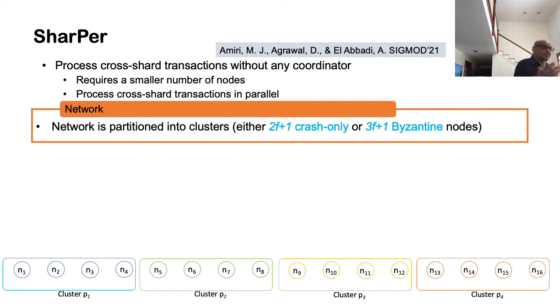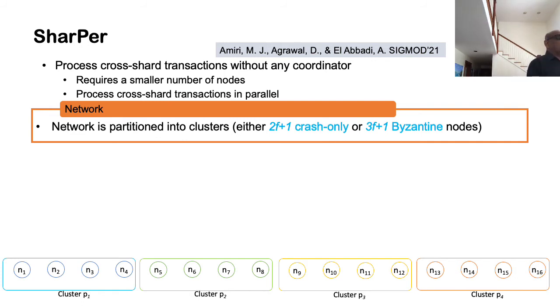So if you have that sort of upper bound on the number of failures, you can use that information, and based on that you can create these node clusters, which is going to satisfy that every cluster has at least 3f plus 1 nodes if you are dealing with malicious failure.